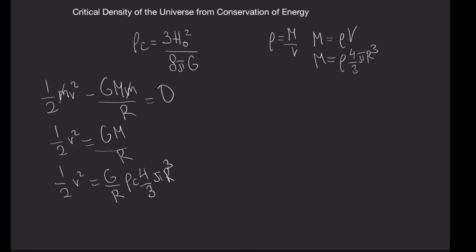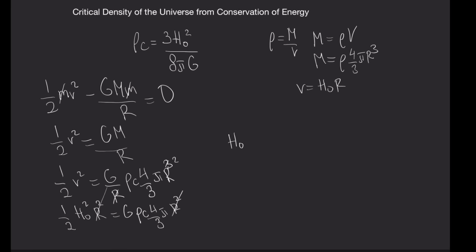Now let's also say that v is equal to H naught multiplied by r. So then we're going to get a half H naught squared r squared, which is going to give us G rho C 4/3 pi r squared. Those are going to cancel out.